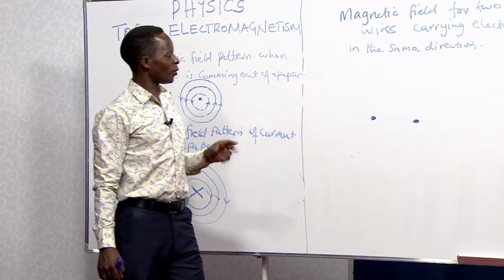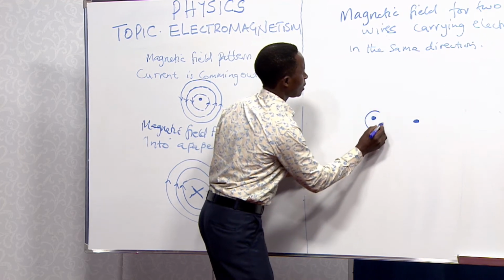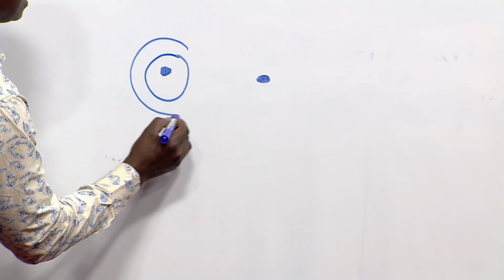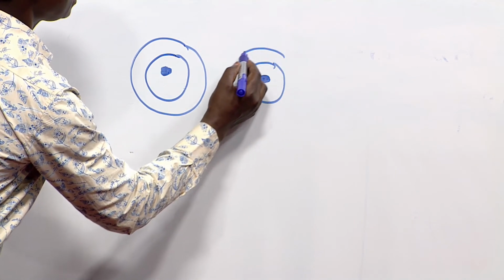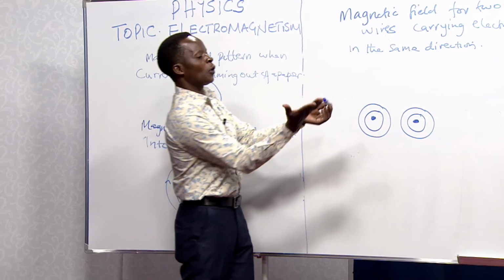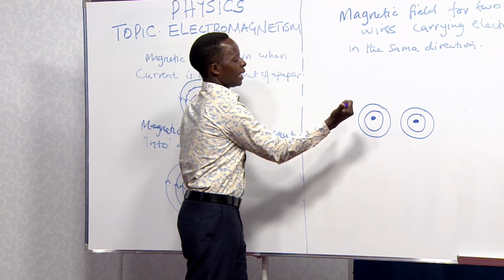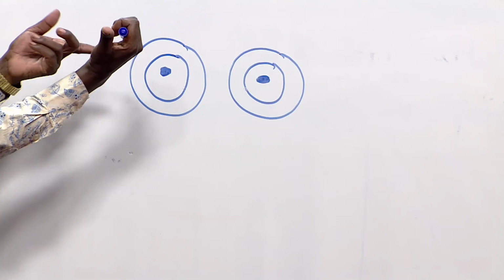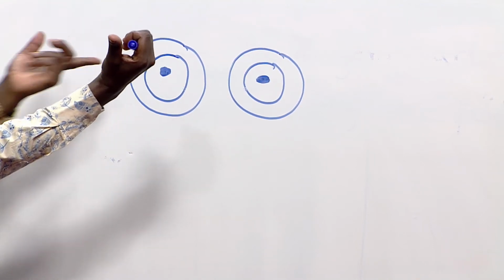So it is just a repetition of this one here, only that we add something small. So that is around the first wire, and then this is around the second wire. Out of the paper, hold the wire. Right hand grip rule with the finger outside, pointing out of the blackboard, out of the paper.